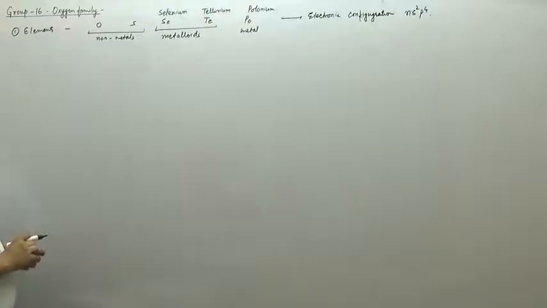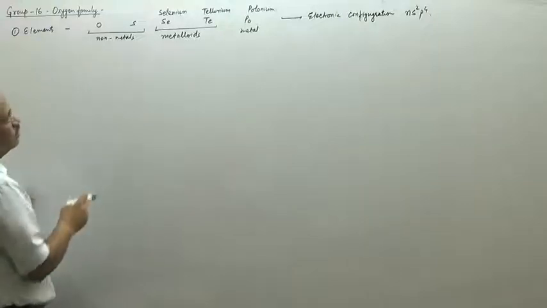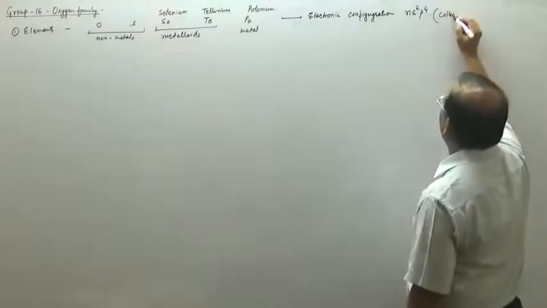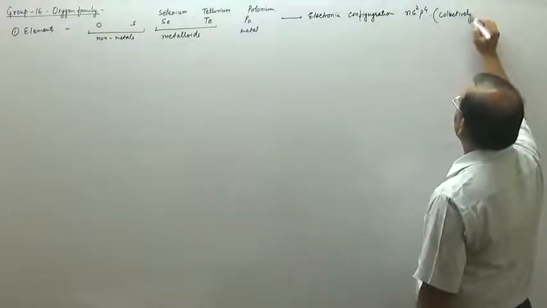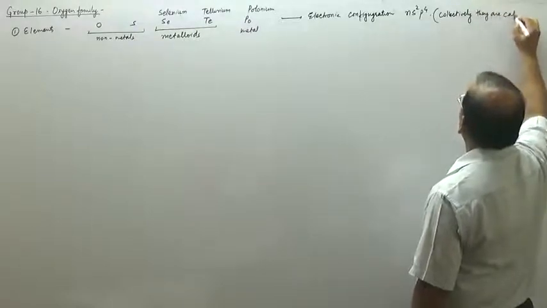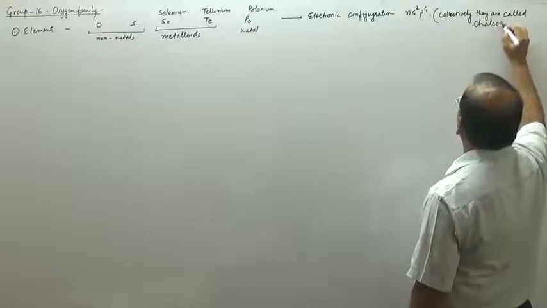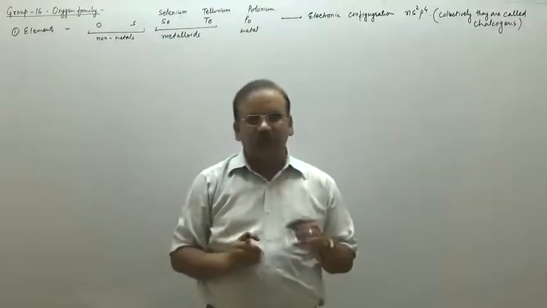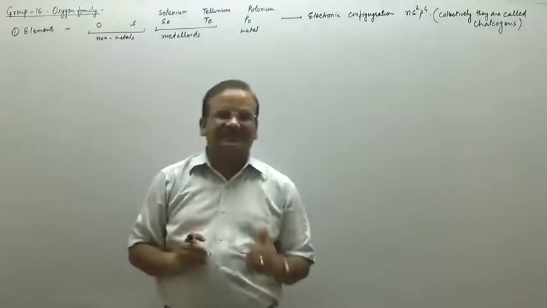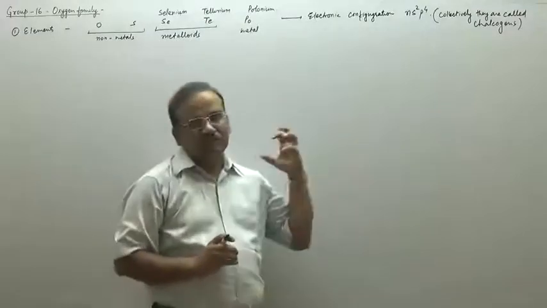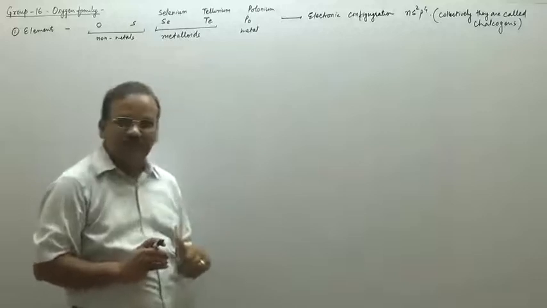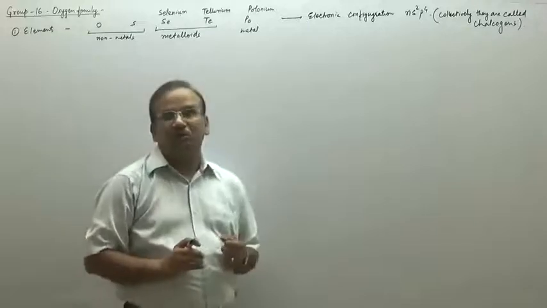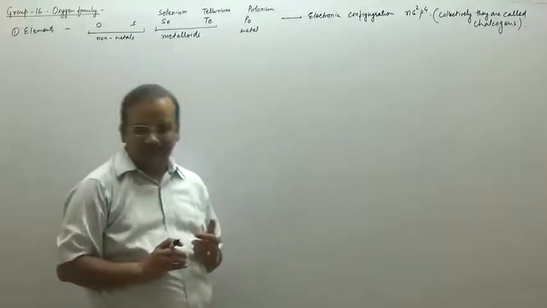Now, this group's elements are also called chalcogens; collectively they are called chalcogens, as the nitrogen family are called pnictogens.